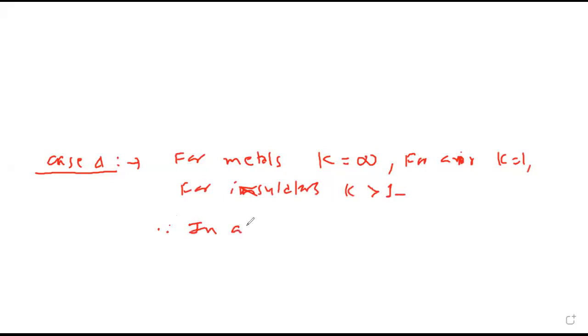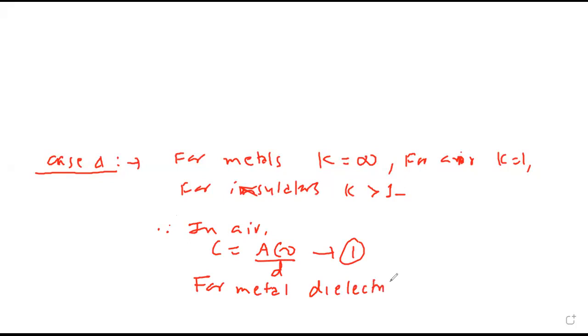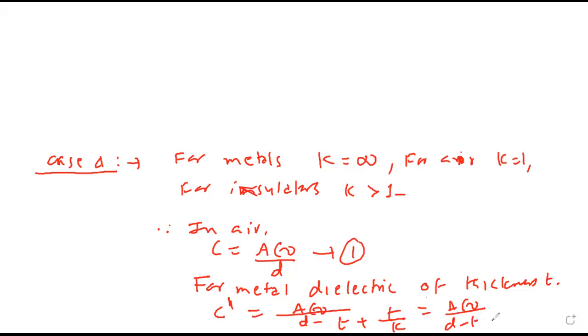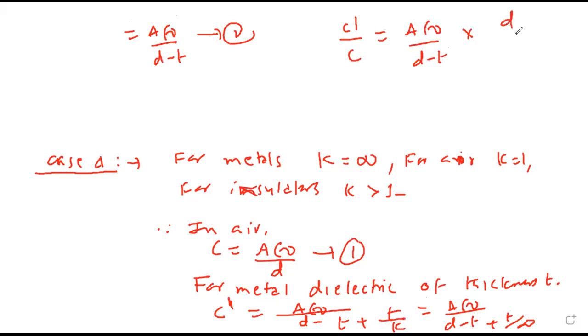So in air, capacity will be A epsilon 0 by D. For metal dielectric of thickness T, C dash will become A epsilon naught upon D minus T plus T upon K, that is A epsilon naught upon D minus T plus T upon infinity, which will be A epsilon naught upon D minus T. Therefore, C dash upon C will become A epsilon naught upon D minus T into D upon A epsilon naught.